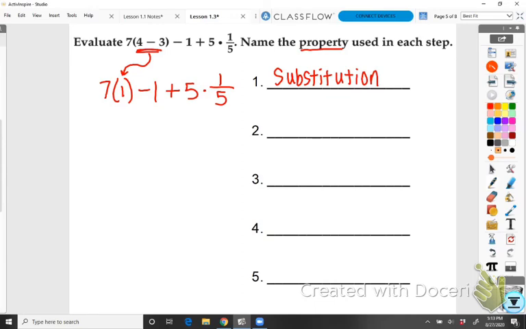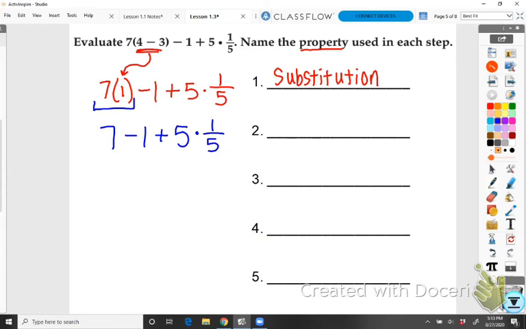Next, we want to do the multiplication. Because I don't see any exponents, multiplication and division are next. 7 times 1 is going to turn into a 7. Think about that: 7 times 1 didn't change the identity of 7.